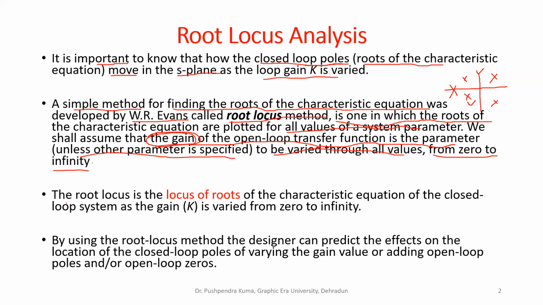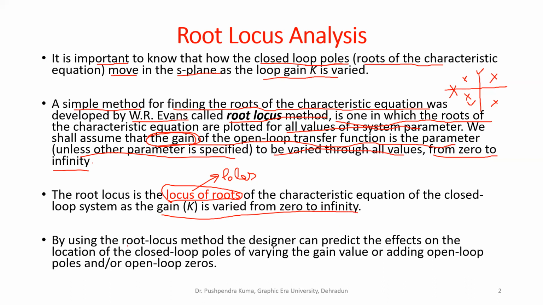In this way we can say that the root locus is the locus of the roots, or you can say the locus of closed loop poles of the characteristic equation of the closed loop system as the gain is varied from 0 to infinity.